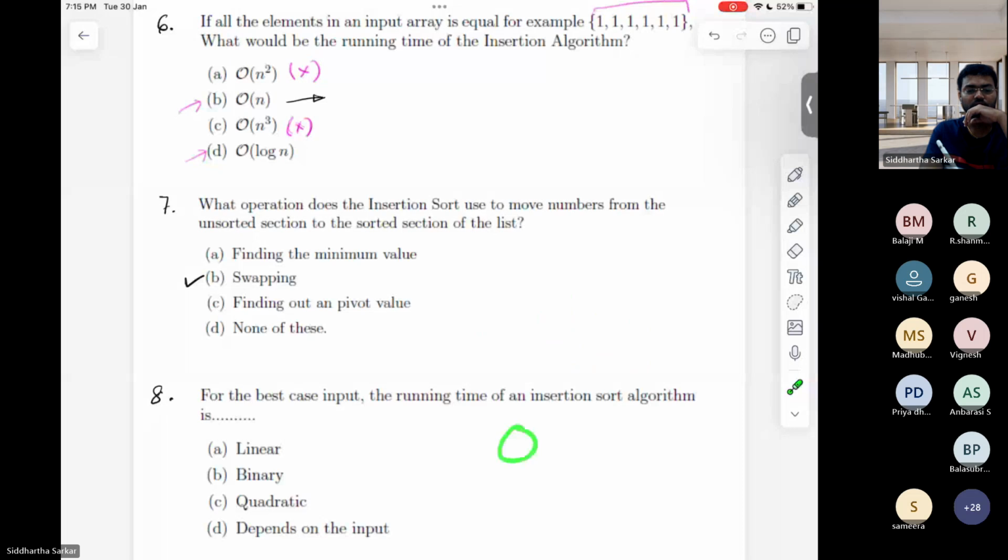Okay. So order n to the power k, where k is a constant, is polynomial time. So if we have a running time of order n to the power k, where k is a constant, then we say the running time is polynomial. What is binary running time? I don't know. Binary problem means I don't know.